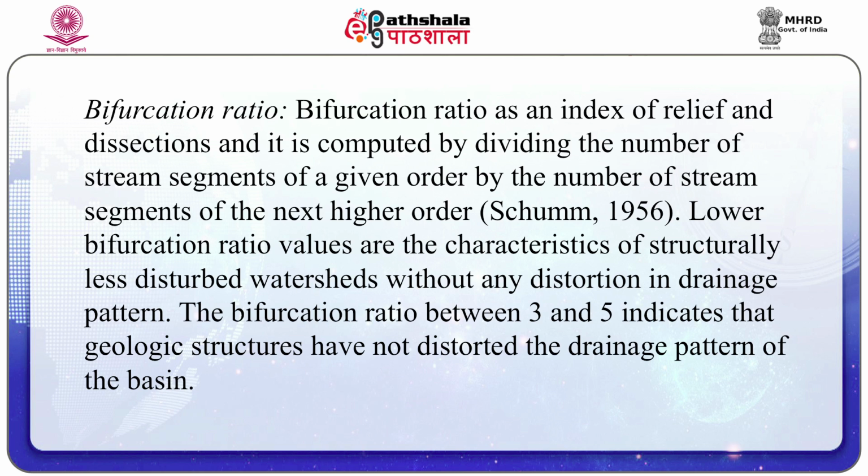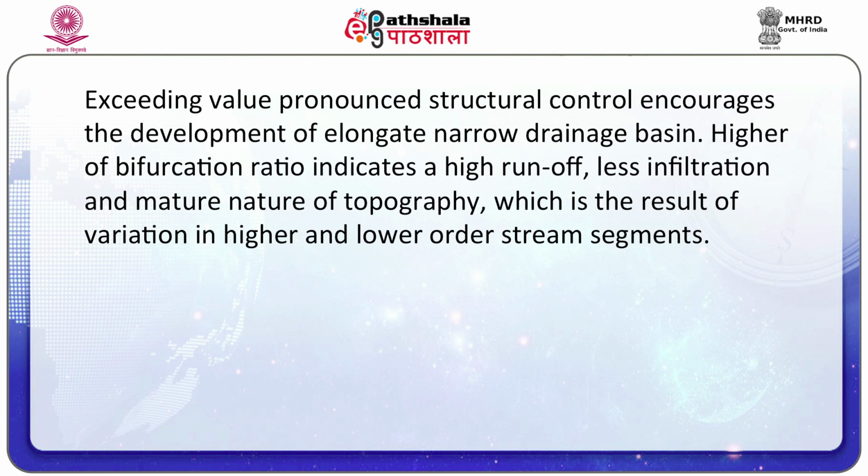In drainage patterns, a bifurcation ratio between 3 and 5 indicates that geologic structures have not distorted the drainage pattern of the basin. Exceeding values, pronounced structural control, encourage the development of elongate narrow drainage basins.